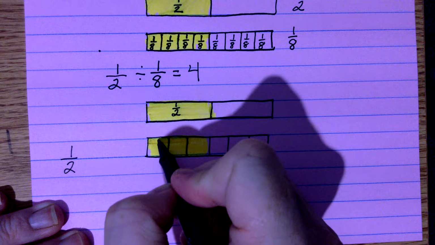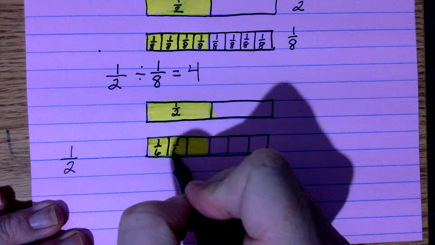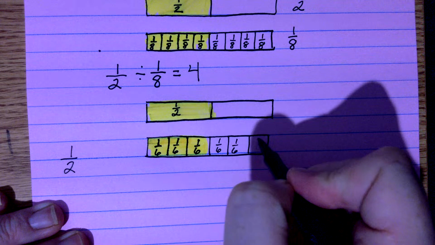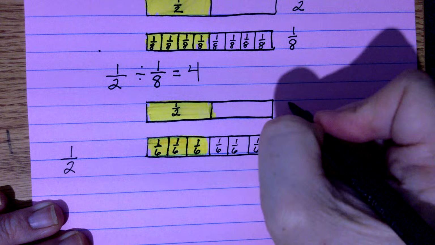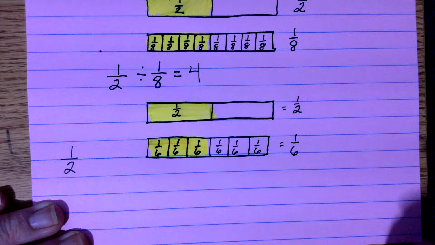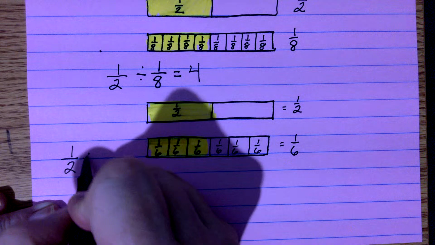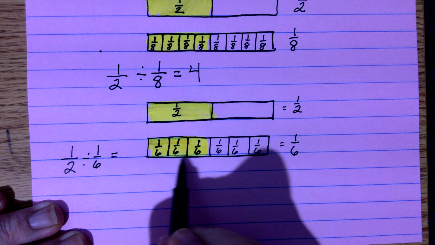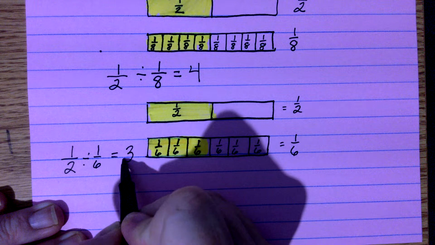I now have sixths, 1/6, 1/6, 1/6, 1/6, 1/6, 1/6. So I had 1/2. I'm dividing it by sixths. 1/2 divided by 1/6 equals 1, 2, 3 pieces.